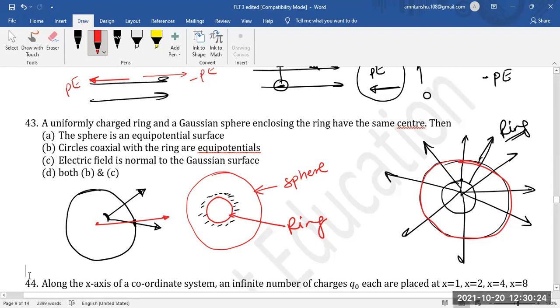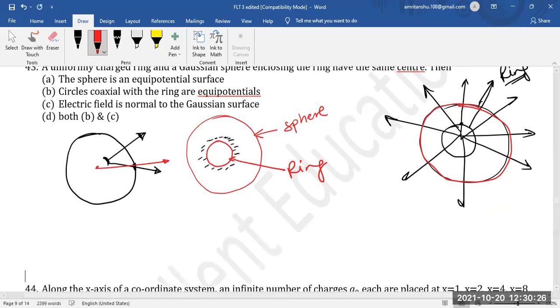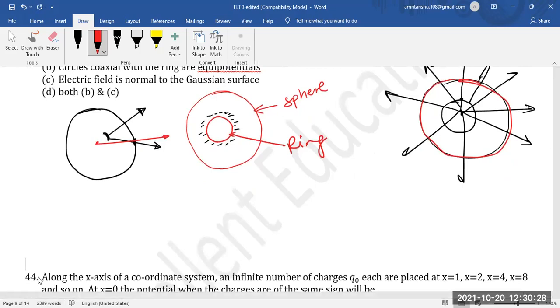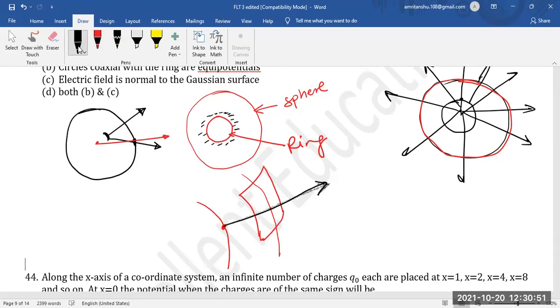In case you haven't got it, I'll try to explain it once again. Let's say this is a sphere. If I make a surface like this, and this is a ring. Now let's say this is a coaxial circle on that ring. Obviously the electric field goes here and, yeah, here it's normal, no problem with that.